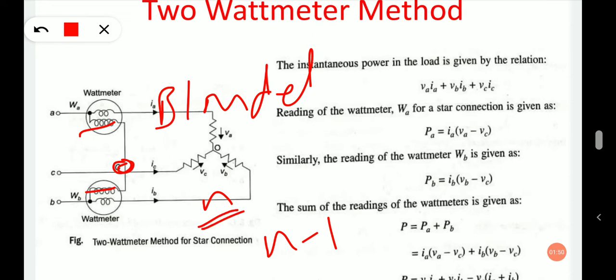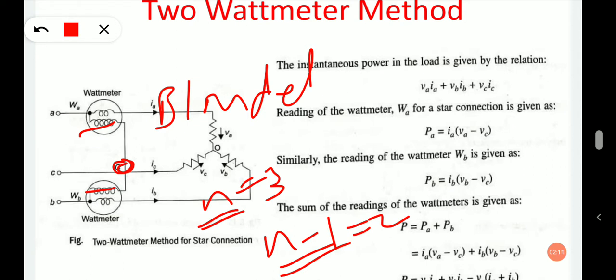This is employed in the two wattmeter method. Here for a 3 phase system, n is 3, so n minus 1 will be 2. So 2 wattmeters are used, and it is shown in the figure.